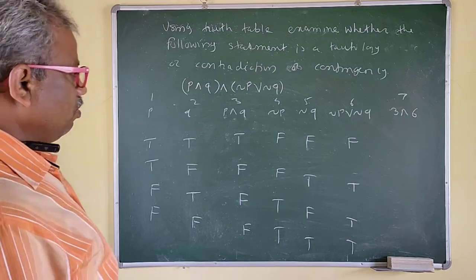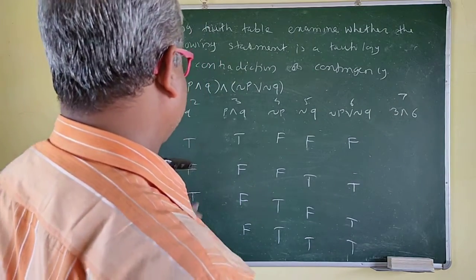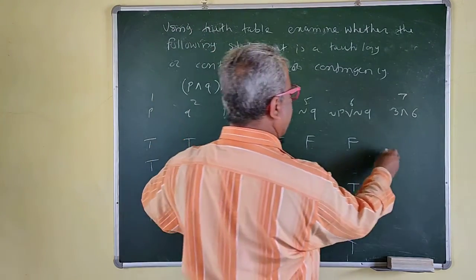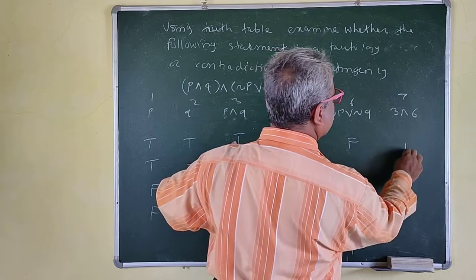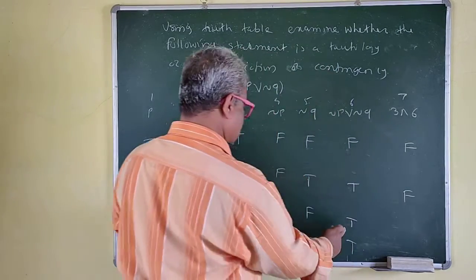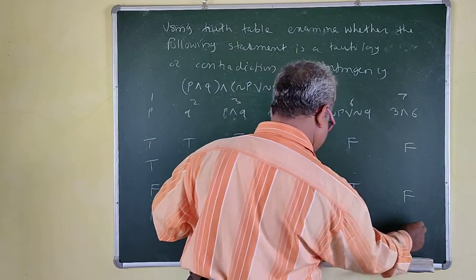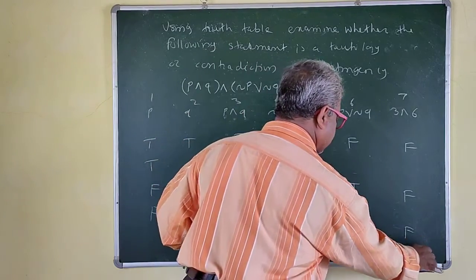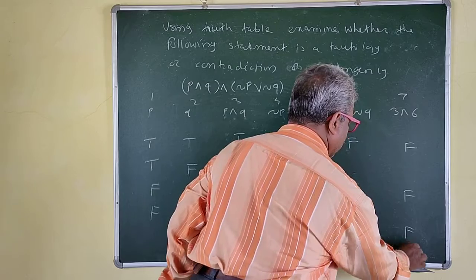Now the conjunction of 3 and 6. Your 3 and 6: T and F is F. F and T is F. F and T is F. F and T is F. So what here?